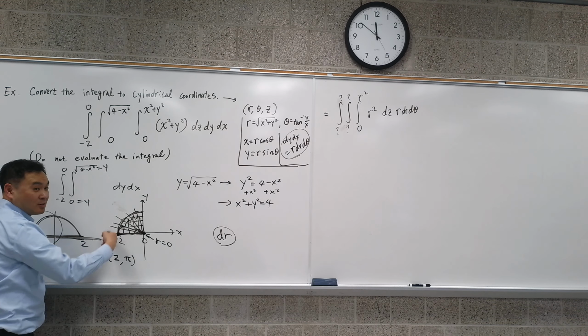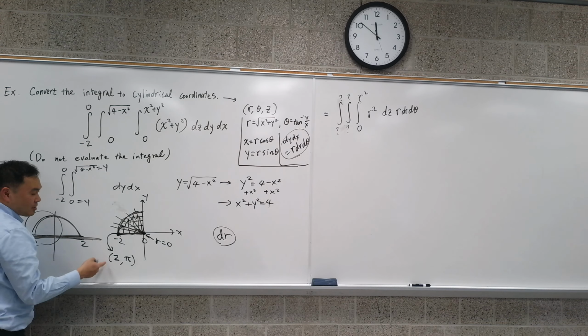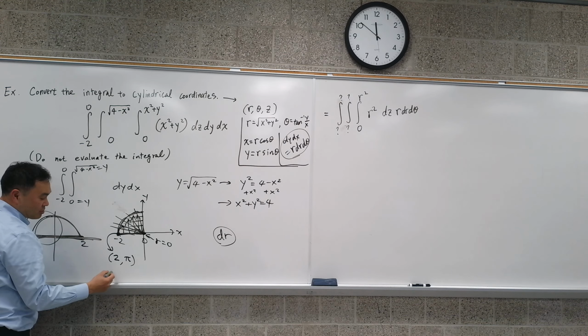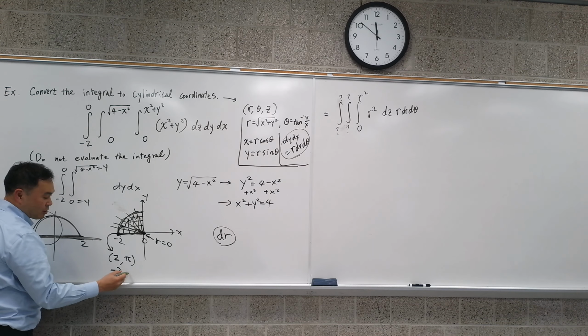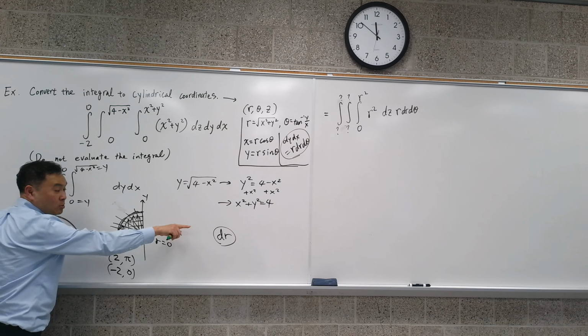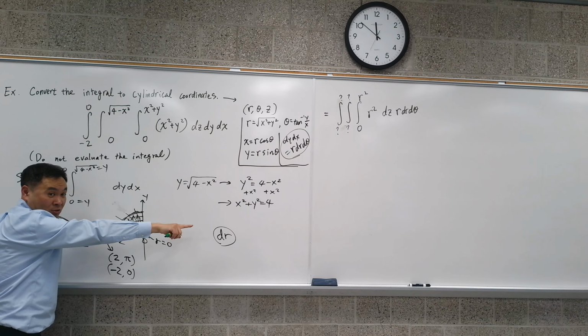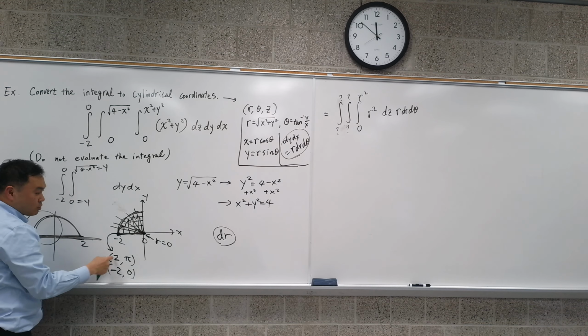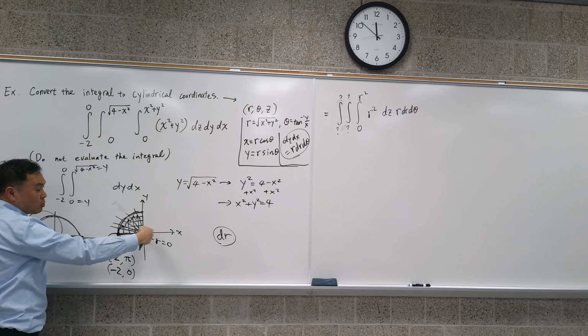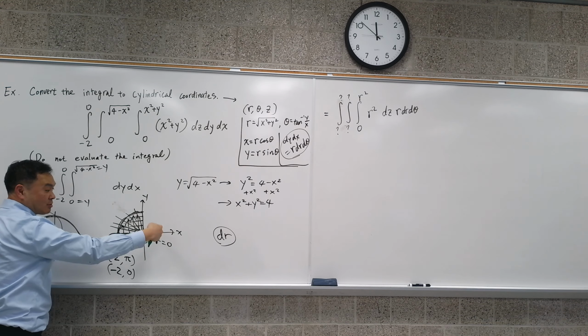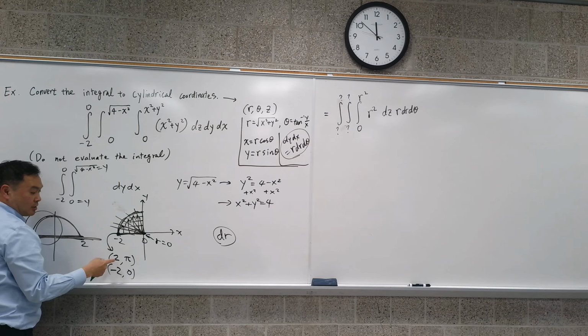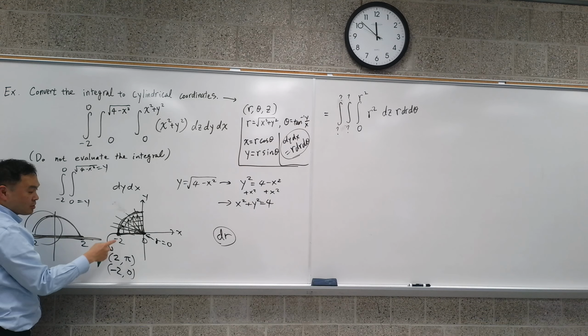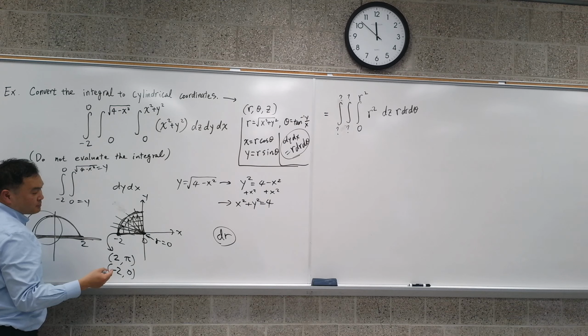So 2 comma pi in polar coordinates is the same as negative 2 comma 0. If you go in the 0 angle direction, but 2 steps back, you landed here. 2 steps in the direction pi. Pi is 180 degrees, right? So if you go 180 degrees from the positive x-axis, 2 steps, then you land at the exact same point.